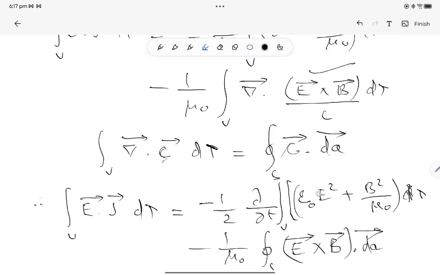Now this quantity, most of the students will be familiar with these. These are basically electric field energy and magnetic field energy. That means energy is stored in the form of electric field, and energy is stored in a magnetic field.